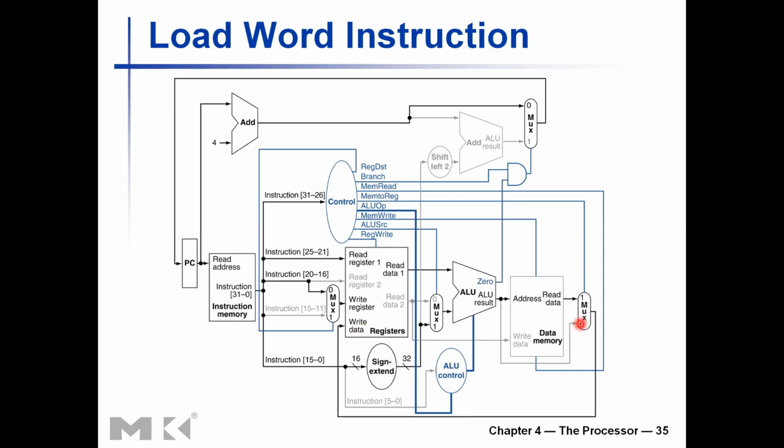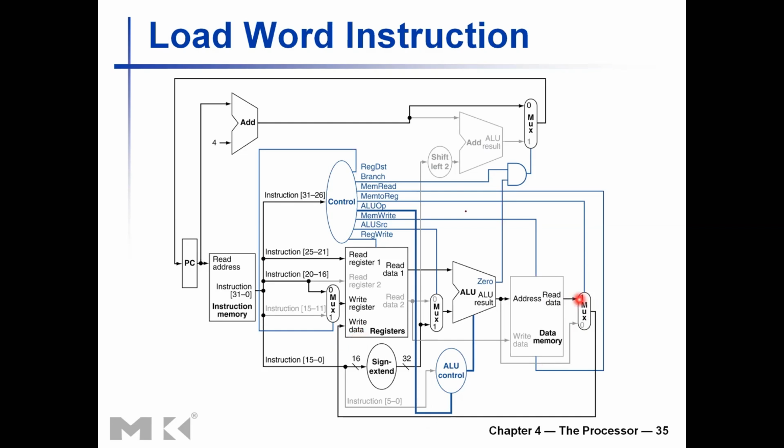No, it should be 1. If we put 1 here in the control signal, we are taking a read data value from the memory and sending it to the write data port in the register file.